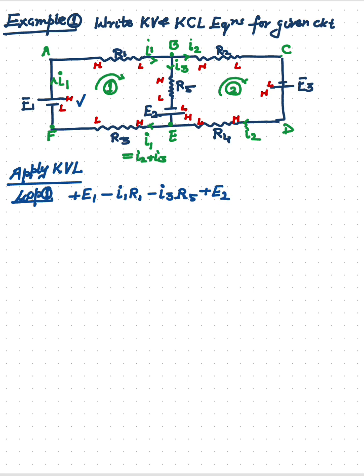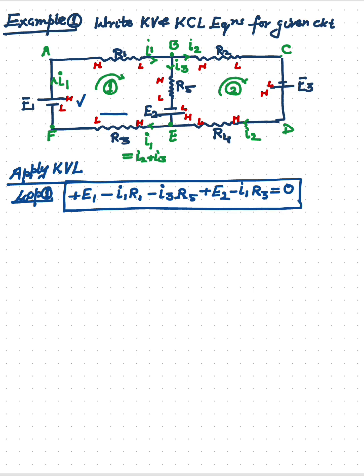Now across this resistance R3 we are traversing high to low, so again negative, minus I1 R3, equals 0. So this is the KVL equation for loop 1.